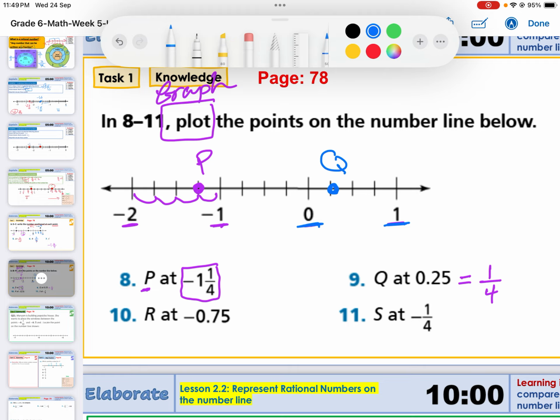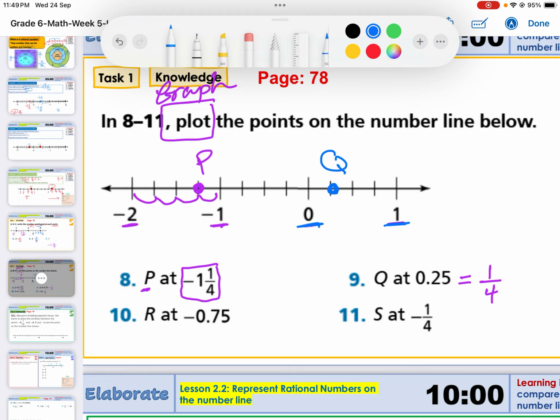Next, let's go to point R. Again, we have a decimal. Let's change it into a fraction. That will be negative 3/4. Okay, so we can tell that it is less than a 0. I will remove these. Okay, I'll start counting.